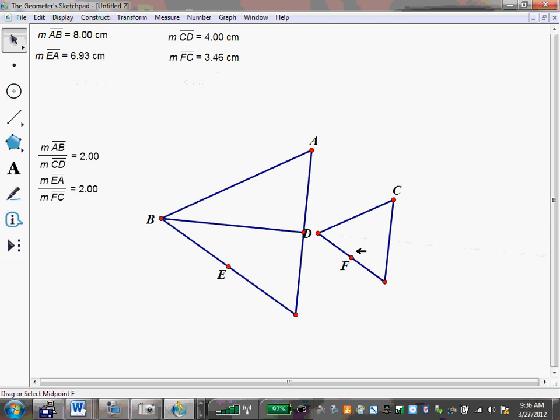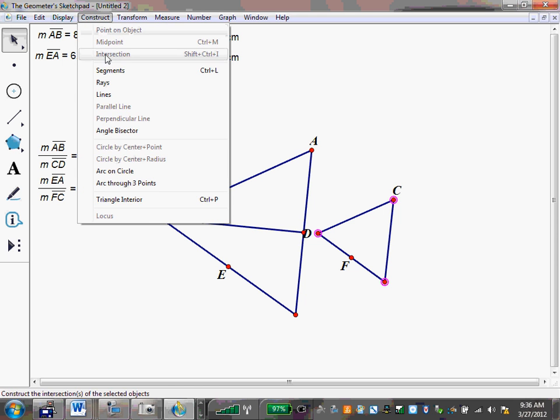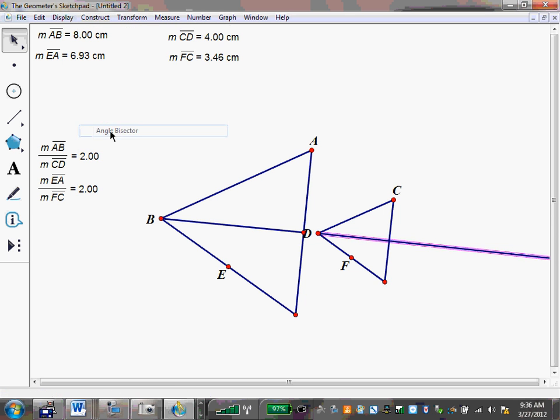Now I'm going to do the same thing over here. So I'm going to highlight vertex D and construct an angle bisector. Now I need to find that intersection point where it hits the opposite side.